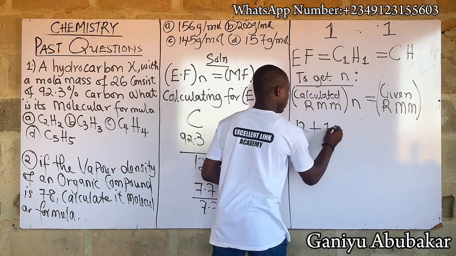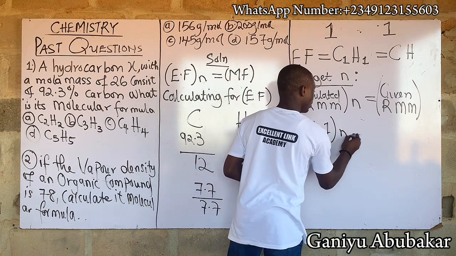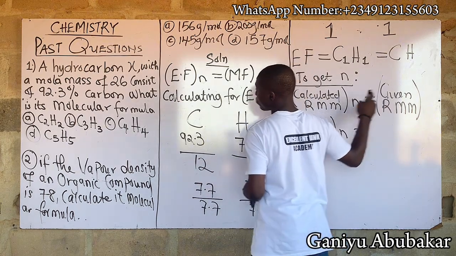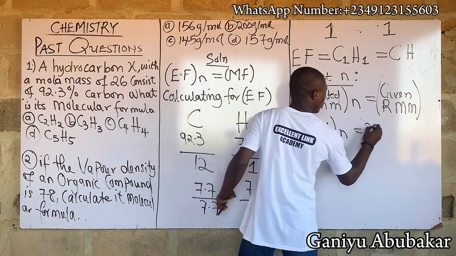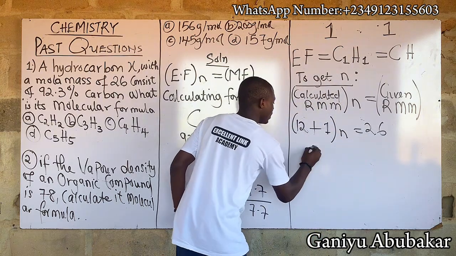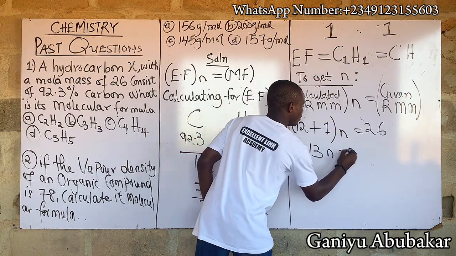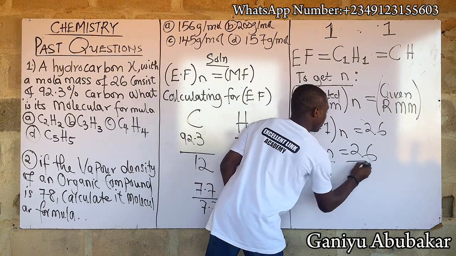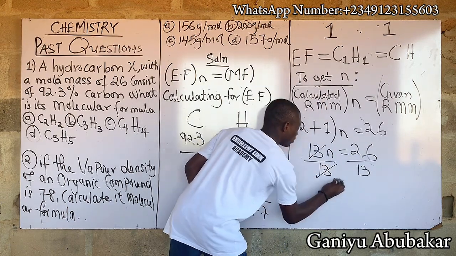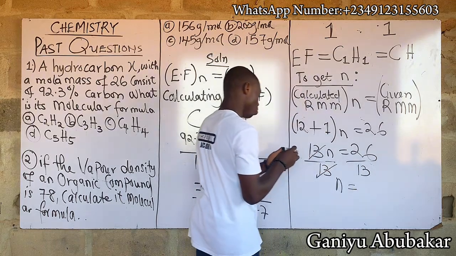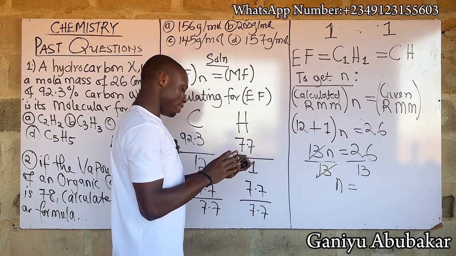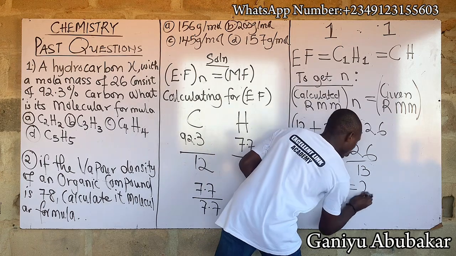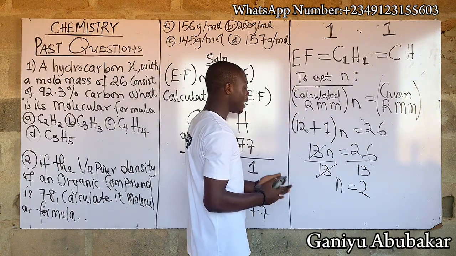So I have 13 times n equal to the given, 26. This gives 13n equal to 26. N is equal to 26 divided by 13, which is 2. So my n now is 2.